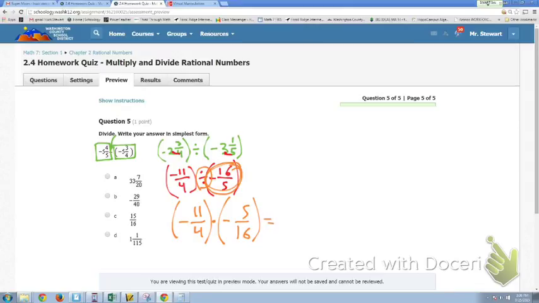Now, this is just multiplication straight across. 11 times 5, 55. 4 times 16, well, let's see, that's 24 plus 40, so 64. And a negative times a negative is a positive, so I am done. Can I reduce? Off the top of my head, I don't think so. That's my example. Of course, you'll want to do your own over here.